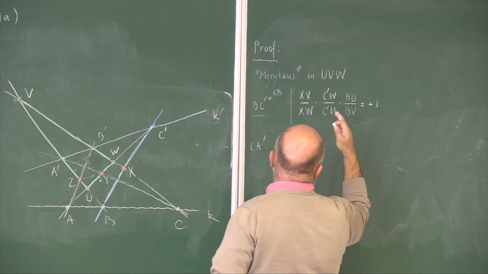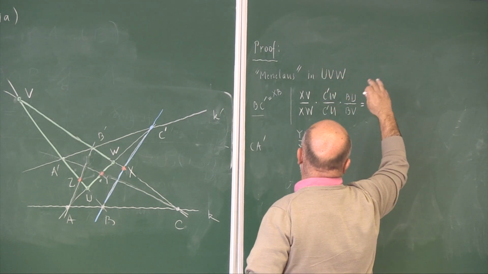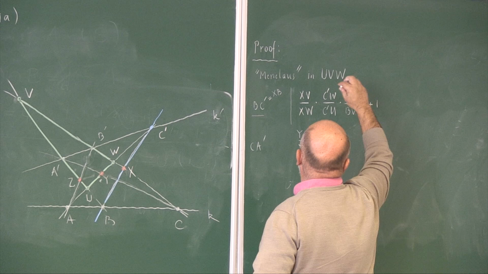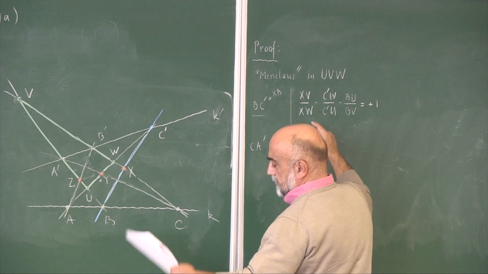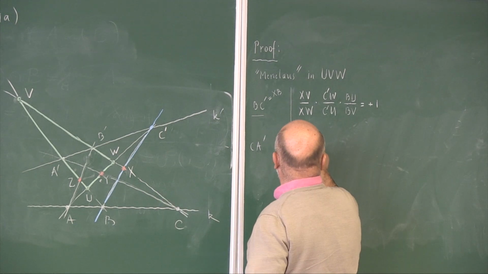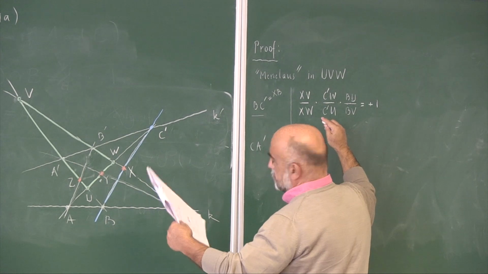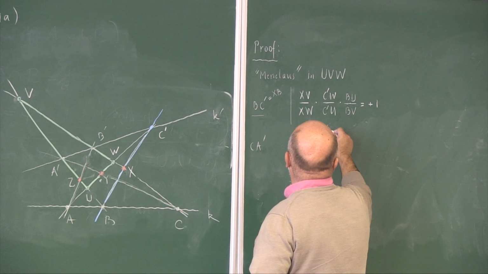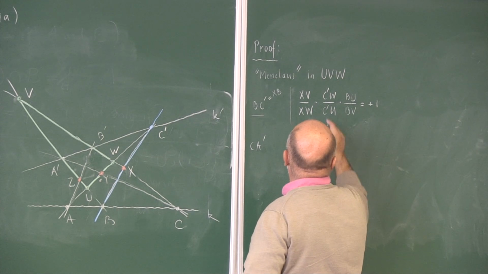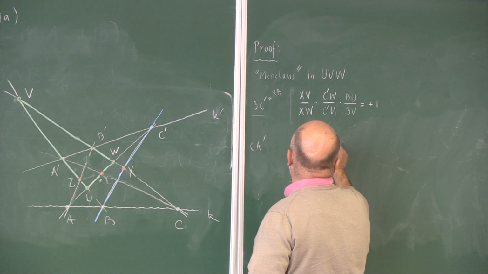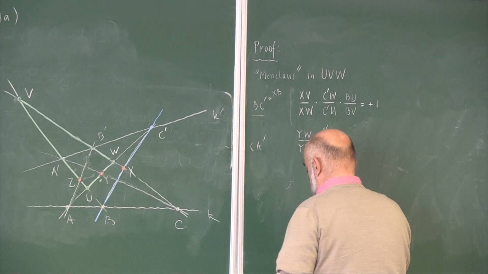In fact, you can go in a cyclic fashion. From X to Y, Y to Z, you will go from U to V, V to W. I've chosen the notation carefully. All the same, let me check my notes like all bad teachers. So from C prime, you actually go to A prime. So W is replaced by U. C prime is A prime. U is replaced by V. Okay, what is wrong with this?